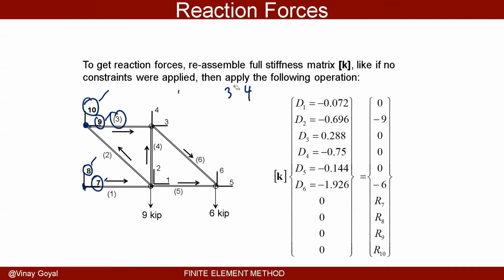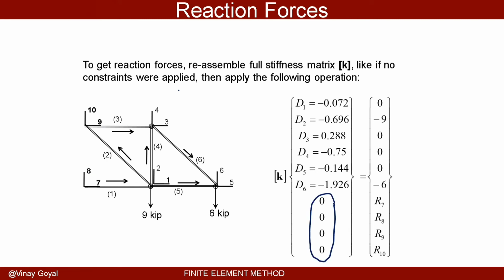Reassemble the whole system again, but assuming that everything can move. For element number 1, the code number is 7, 8, 1, and 2. Assemble all the stiffness matrices as if there's no constraint. It's a little trick.